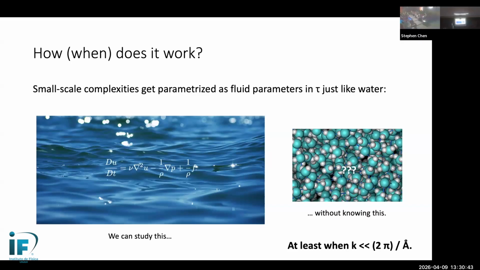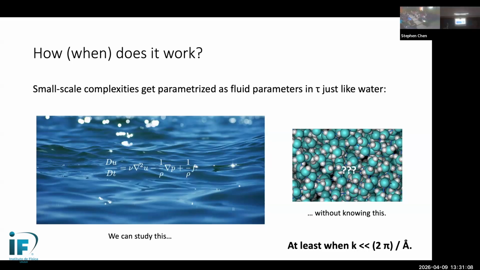There's a sound speed here implicit in the equation of state, and then we emerge from this with an effective theory of the fluid shown here that works when we probe momenta that are much smaller than 2 pi over 1 angstrom. Right. So 1 angstrom here, of course, defines the spacing between water molecules.